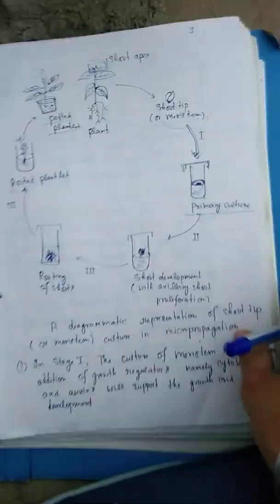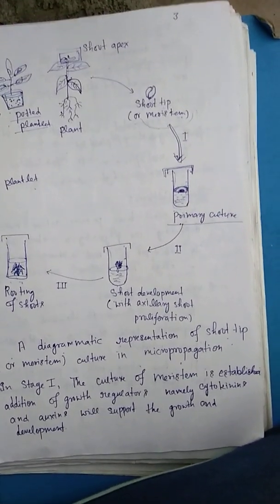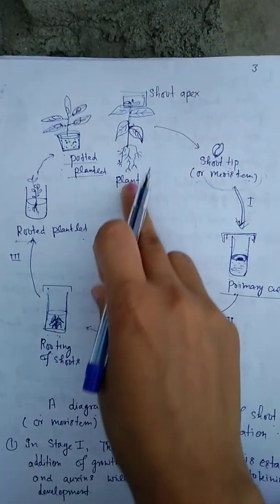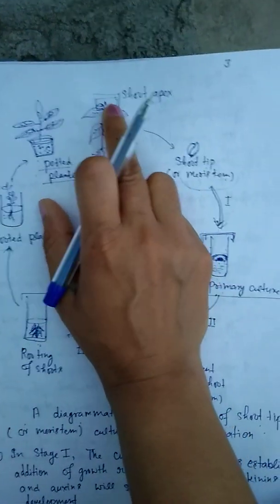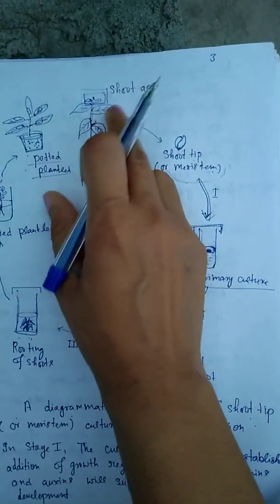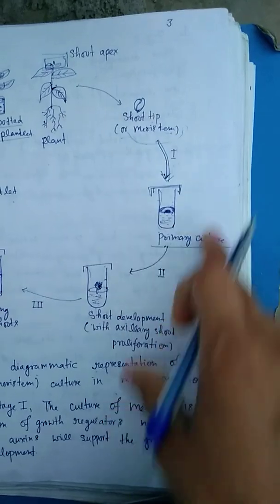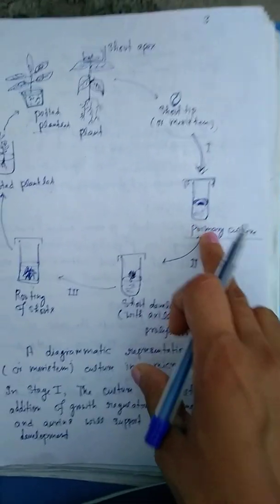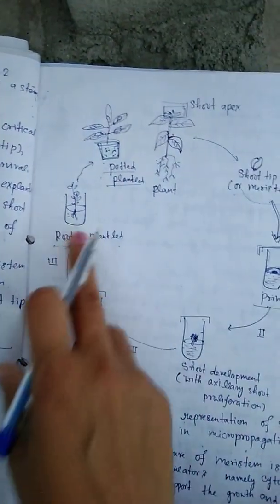This diagram is showing the representation of shoot tip culture in macropropagation. This is the mother plant, and in this plant, this is the shoot apex. And from this part, we'll take the shoot tip. And this shoot tip is cultured on the MS medium. And after the culturing process, shoot development, root development, and hardening process are shown in this diagram.